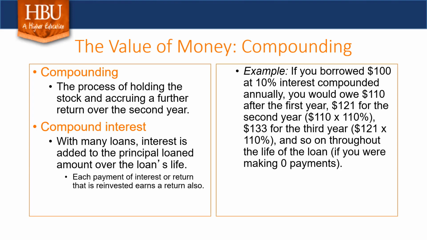I want to make note of this, that as credit cards often do, they don't compound that interest annually, they compound that interest monthly. So that 10%, and most credit cards sometimes push up towards 20%, that 20% is added every month. That is our concept in the value of money and compounding interest.